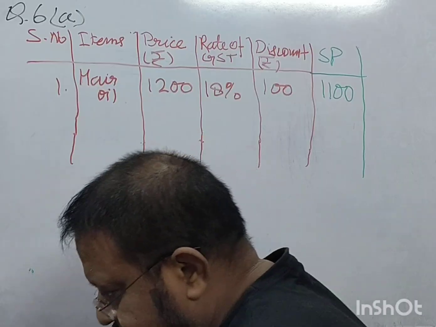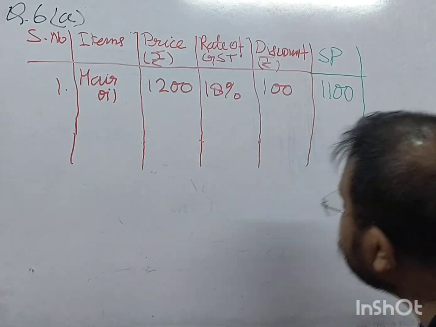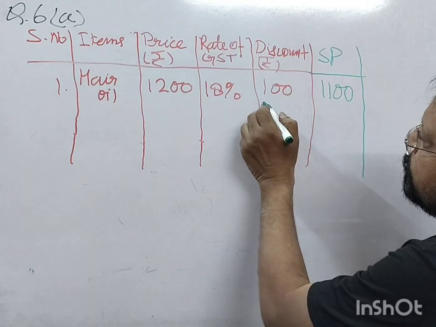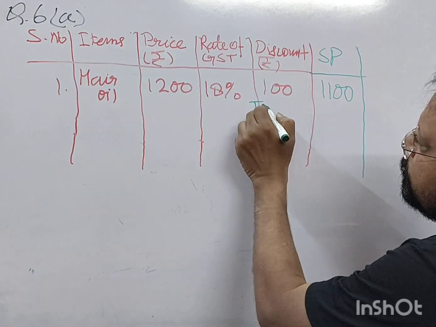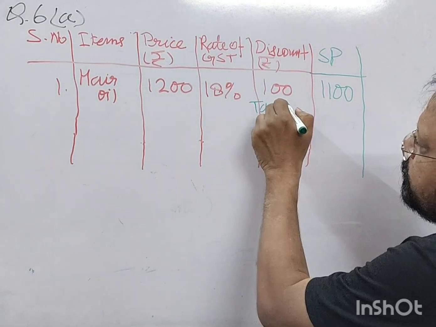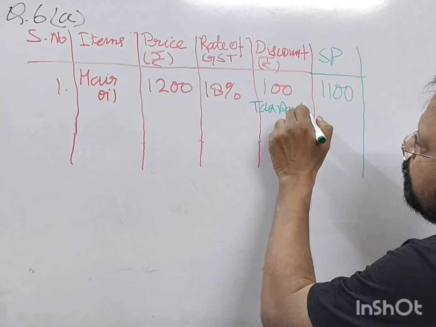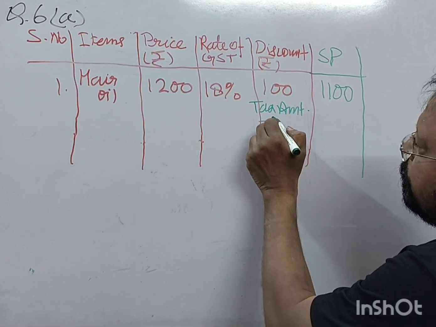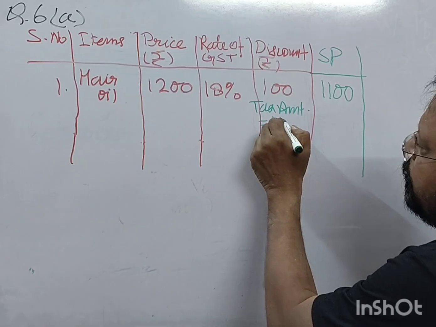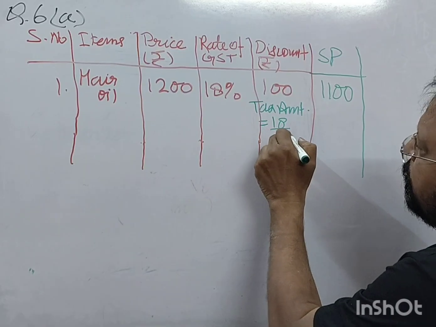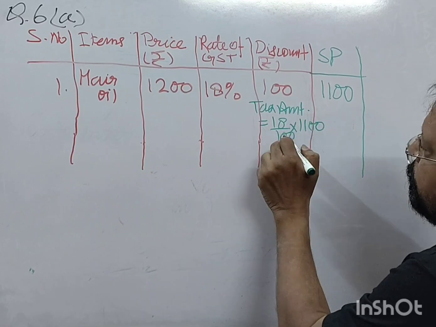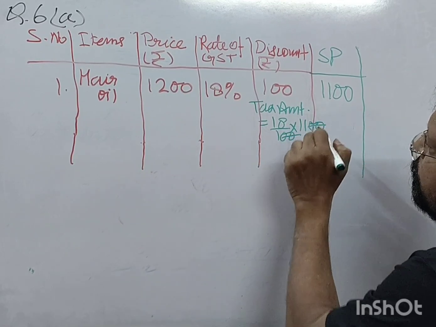So tax amount is equal to 18 upon 100 into 1100. These two zeros are cancelled out.